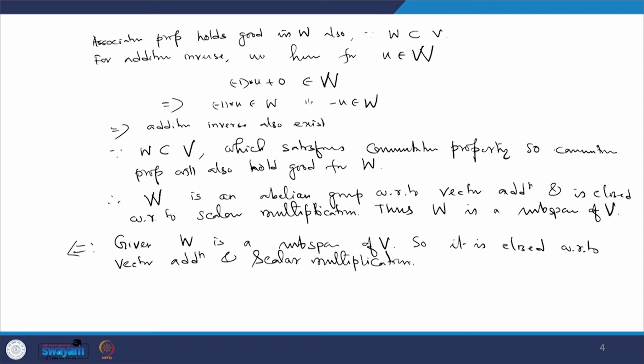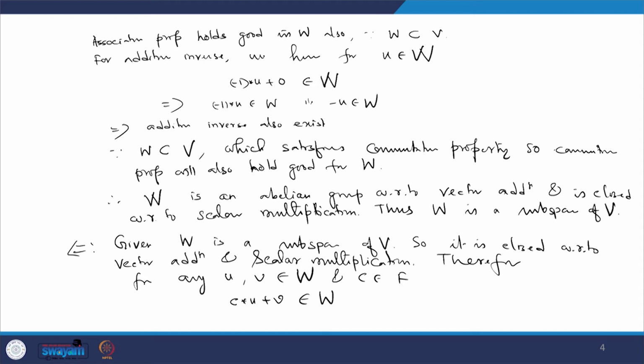Therefore, for any u and v belonging to W and c belonging to capital F, c*u, which again will be inside W, plus v will also belong to W. So, this criteria holds good in this case.